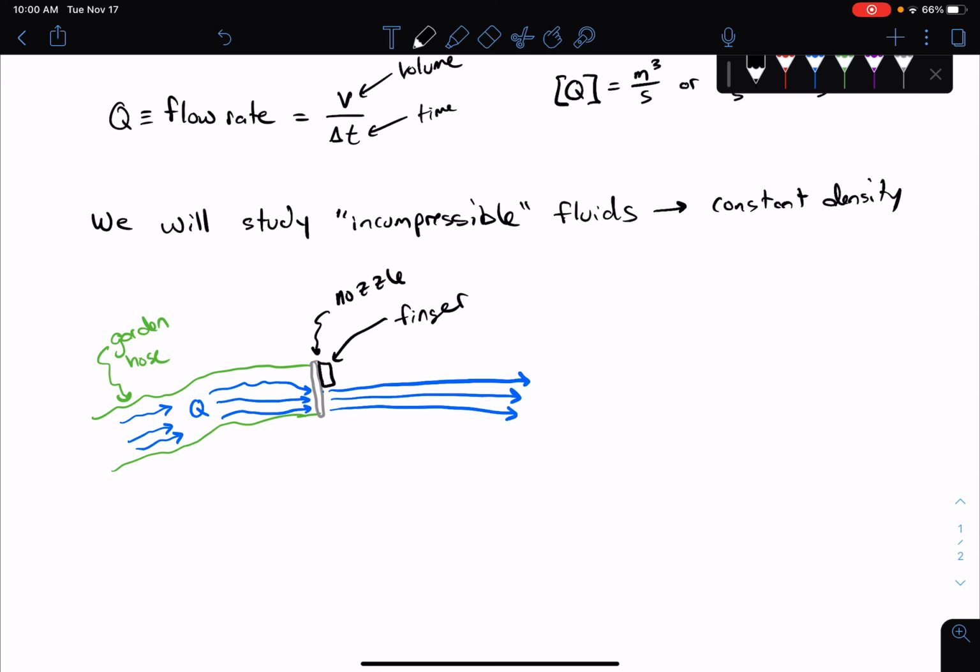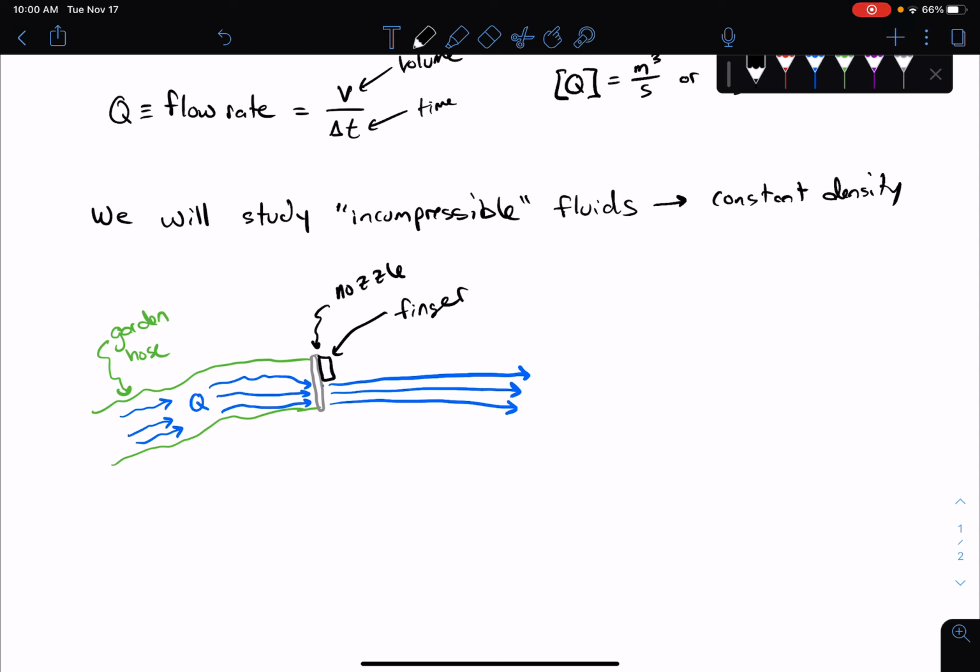The whole point here is that because our fluid is incompressible, if we've got the same amount of fluid flowing through our garden hose, and if the end is blocked, that means that we've got to get more fluid through the opening here faster. We've got the same amount of fluid that's approaching the opening, but if the opening is smaller, it's got to get through there faster.